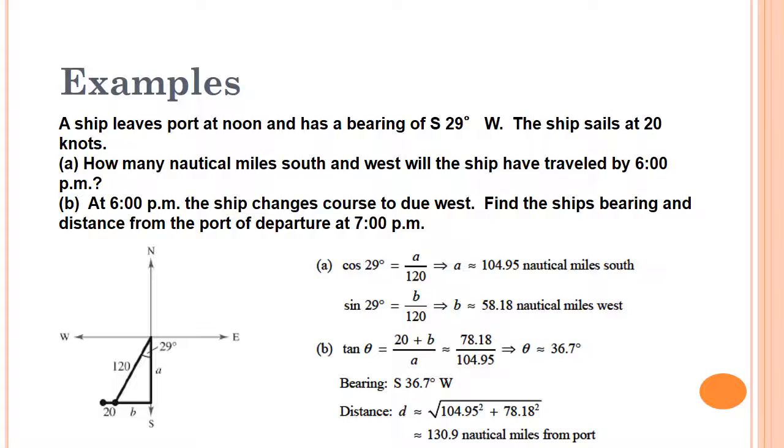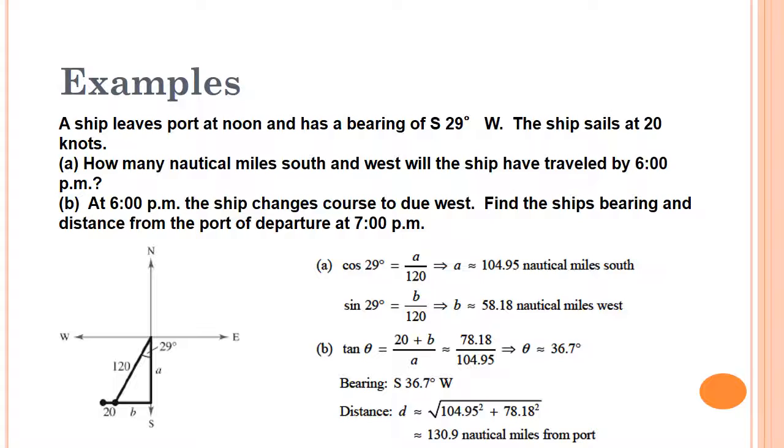As for the second question, you notice here that at 6 p.m., after he's gone 120, he changes course to due west, and he goes another hour, because the question is, where is he at 7 p.m.? So that's an additional 20 miles. So we know that at that point, B has extended to 78.18 miles, but A has stayed the same.